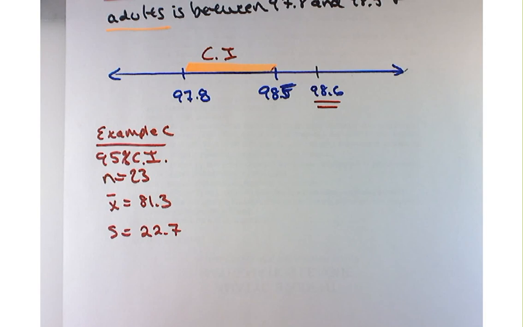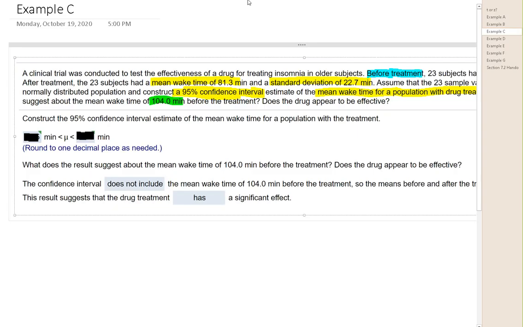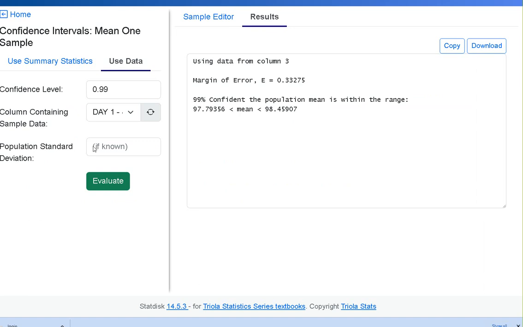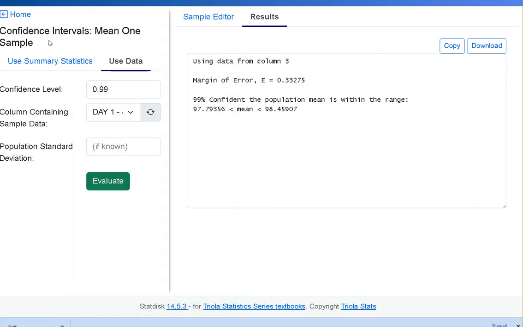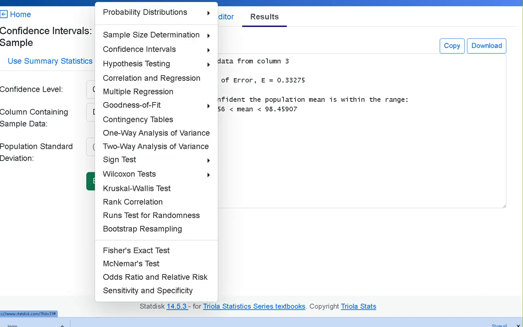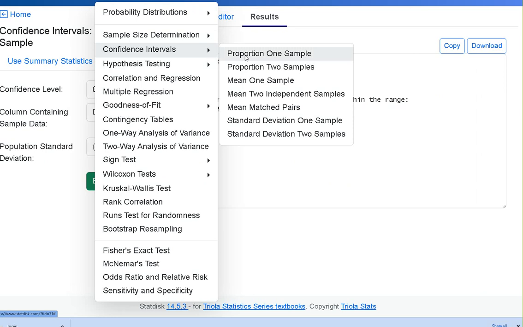Let's see if we can figure out what that confidence interval is going to look like. You shouldn't really have to go anywhere. You should already be at the confidence interval, but just to give you some more practice in finding that: Analysis, Confidence Intervals, Mean, One Sample.